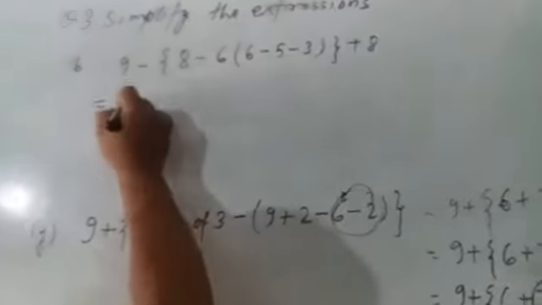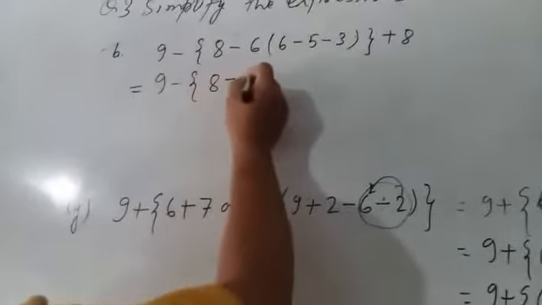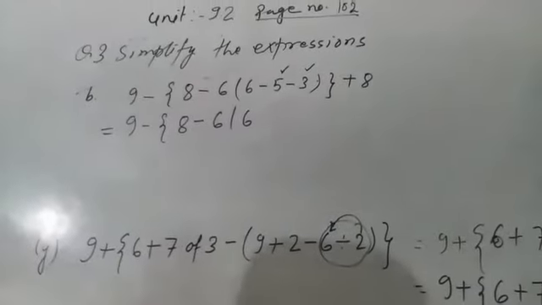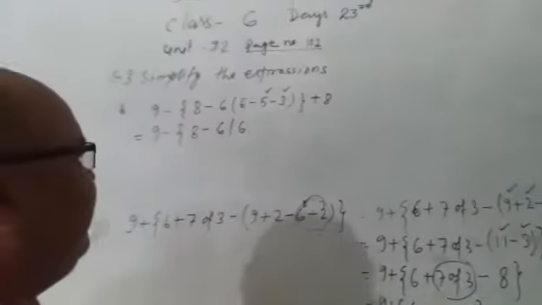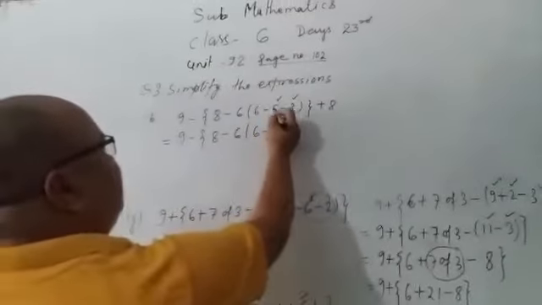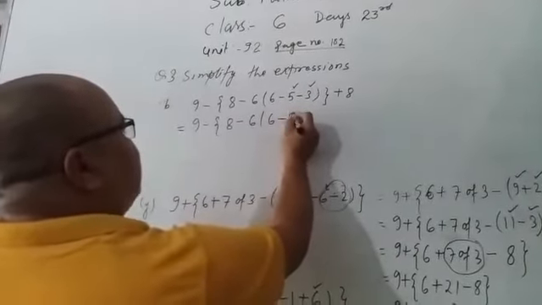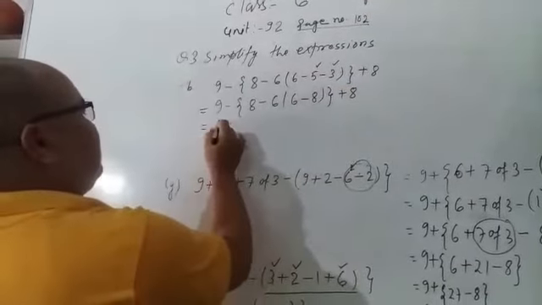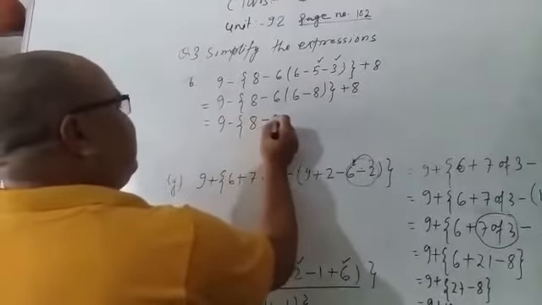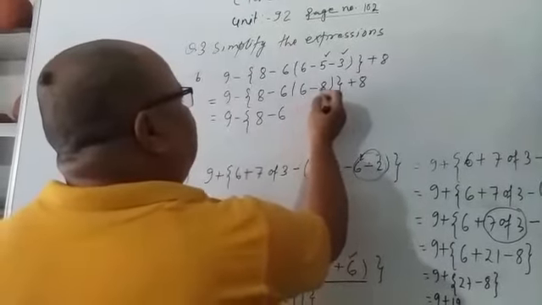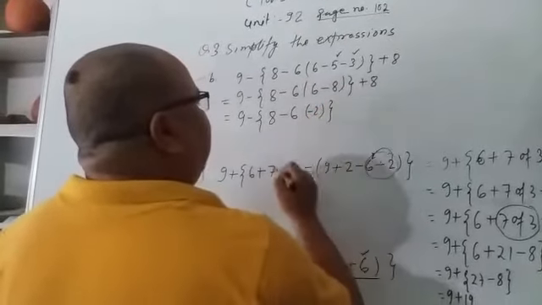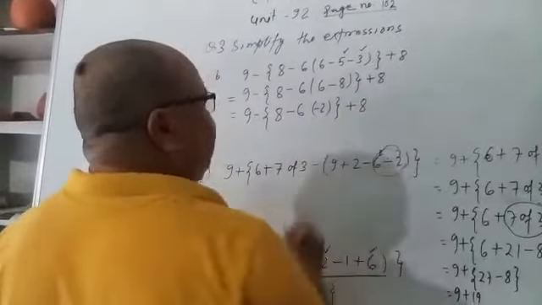So 9 minus curly bracket 8 minus 6 small bracket 6, this subtraction sign, the positive number is only 1, then that's why you add these two numbers, minus 8 curly bracket close plus is equals to 9 minus curly brackets 8 minus 6, and here the negative sign is greatest, that's why remind here negative numbers plus 8.